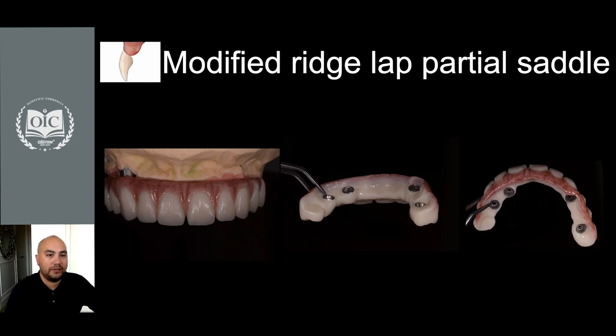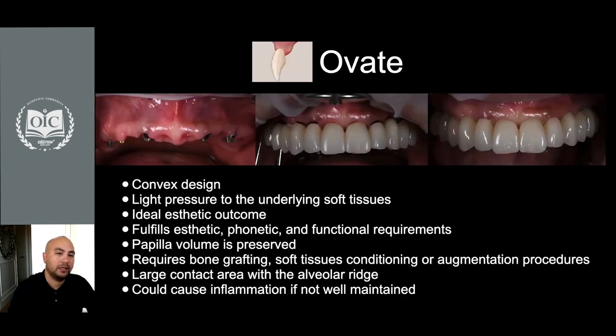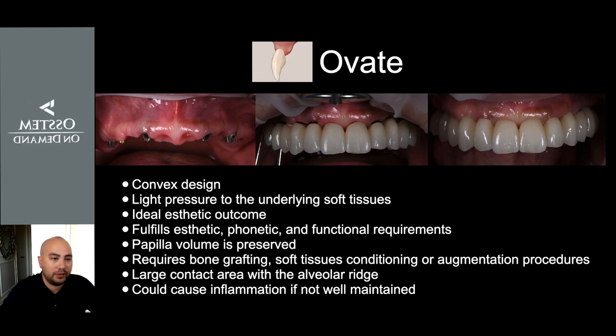And then we have a modified ridge lap partial saddle, which is again not recommended because of the difficulty for the patient to clean the implants. And then typically for the FP1 solution, we have the ovate pontics with a convex design.